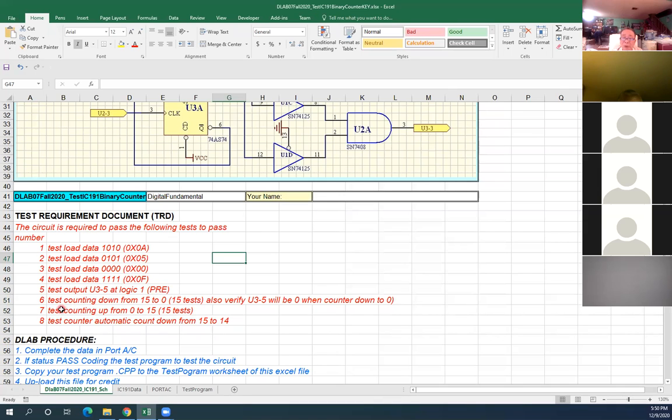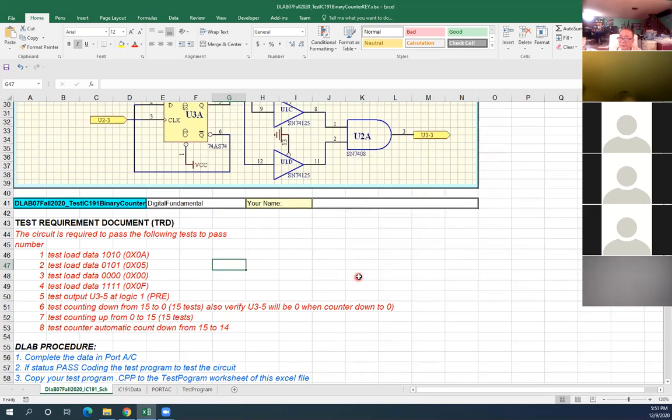And now also test number 5, they say I want to test U3 pin 5 at logic 1. That means U3 pin 5 at logic 1 for counting down. Okay, test counting down. You see that? Then after that counting down, you test counting up. And after you count up, we want to go back, make sure it will toggle again and get one more test to make sure it counts down.